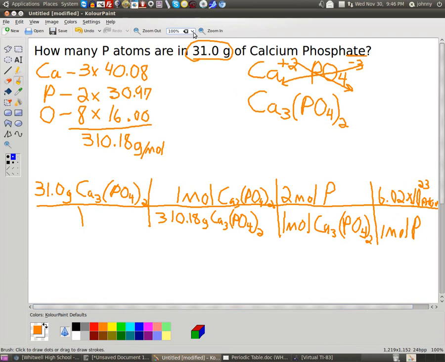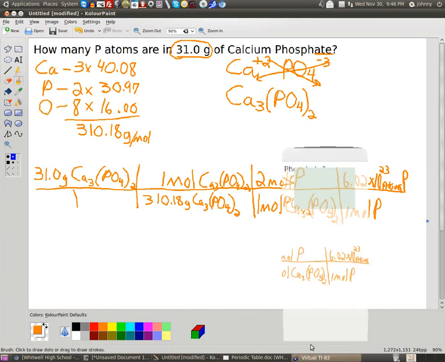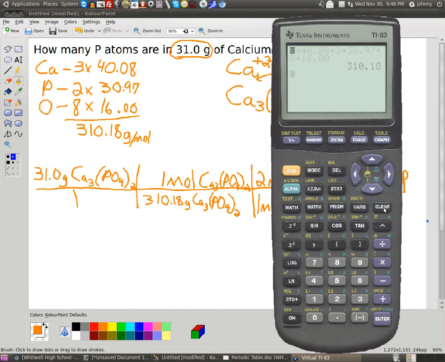Now what we need to do now is actually punch this into the calculator. So let me change my zoom factor to maybe 90% so we can see the problem all at once. I had to zoom out so we can see it. But anyway, what we're going to do now is punch this in the calculator and see what we get.